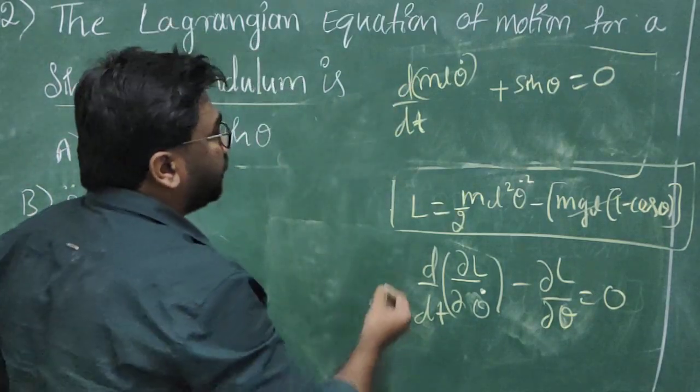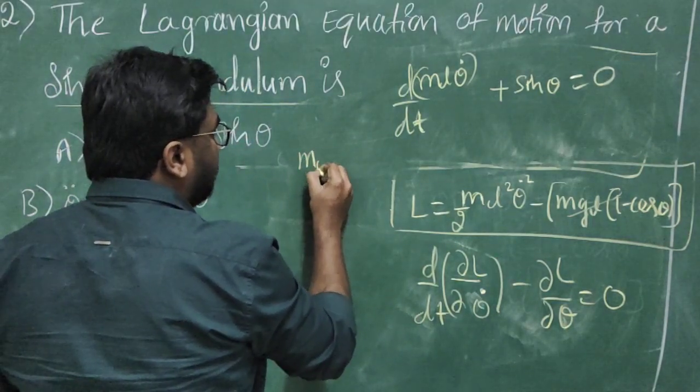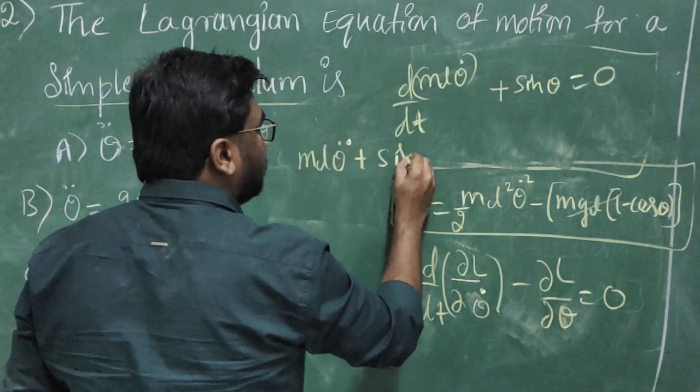Differentiate this again with respect to t, so then you will get m L square theta double dot plus mgL sin theta.